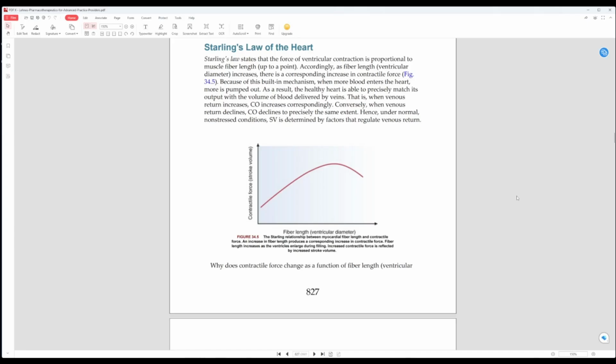As a result, a healthy heart is able to precisely match its output with the volume of blood delivered by the veins. That is, when venous return increases, cardiac output increases correspondingly. Conversely, when venous return declines, cardiac output declines to precisely the same extent. Therefore, under normal, non-stressed conditions, your stroke volume is determined by factors that regulate venous return.